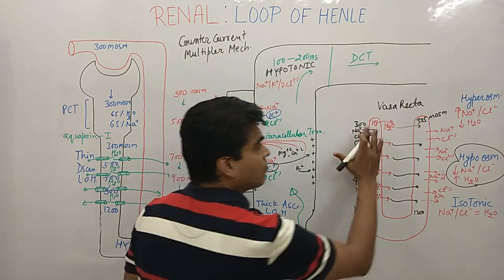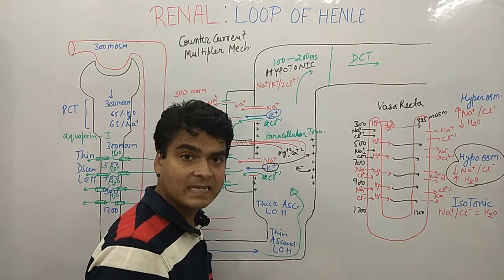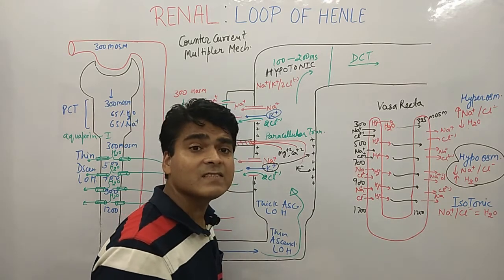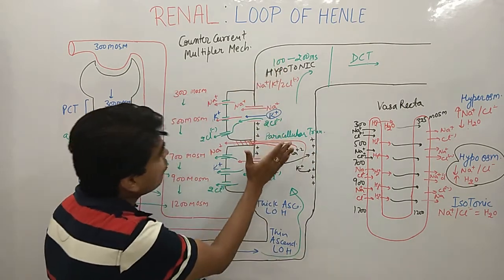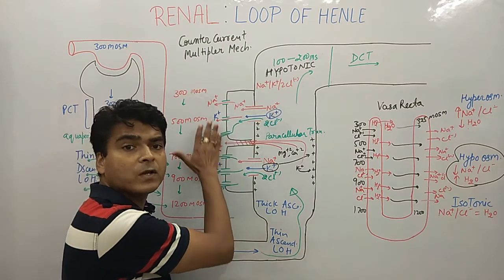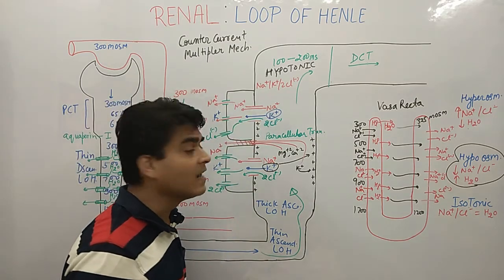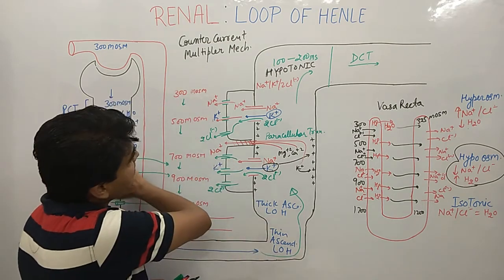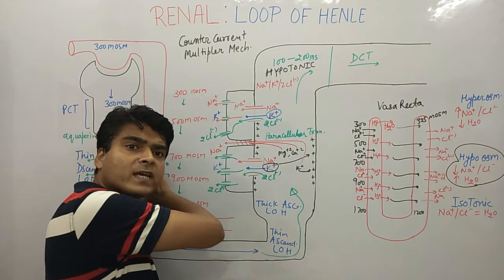So what is the function of this vasa recta? Look here, a lot of sodium, potassium and chloride are moving into this area, the medullary interstitial area, and water is moving in this area. So what happens if water is moving in this area?